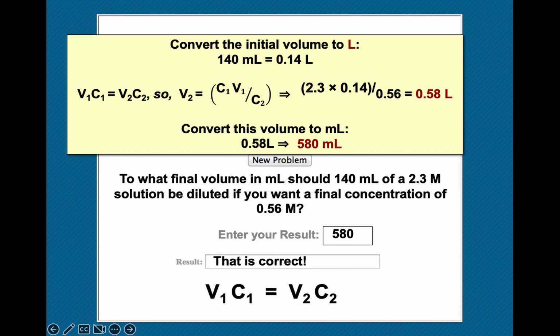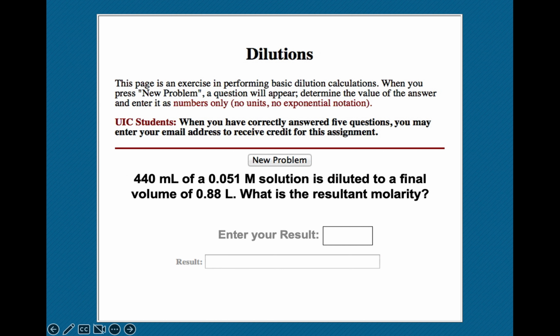One more. 440 mils, that's V1. 0.05 molar, that's C1. Final volume, 0.88, that's V2. What's the resulting molarity? That's C2.